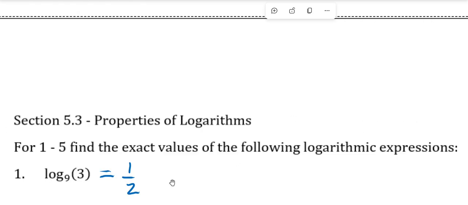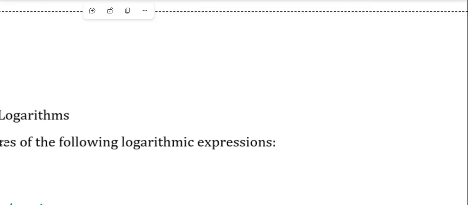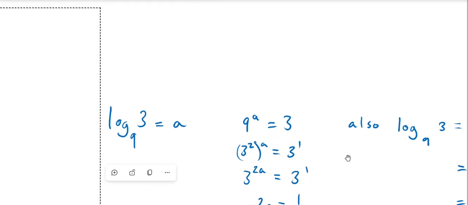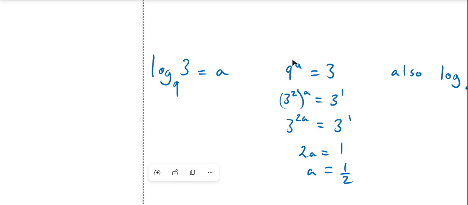But the question is really, can we use the properties of logarithms to do that? So there's actually a few ways that we could do that. For example, if I rewrite this in exponential form, we have 9 to the a is equal to 3 if log base 9 of 3 is equal to a. Now, 9 is 3 squared, so this is 3 to the 2a is equal to 3 to the 1. And then comparing the two arguments of the exponents, exponentiation is 1 to 1, so we can just set those equal to each other and solve for a.